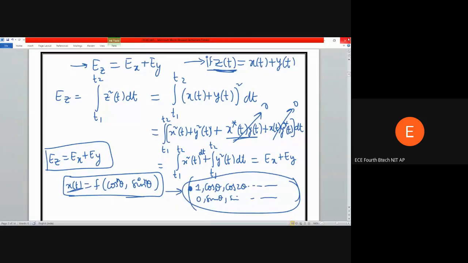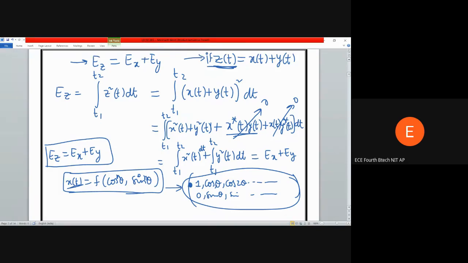The Pythagoras theorem says that for a right angle triangle, the square of the hypotenuse is equal to the sum of the squares of the individual sides, which is equivalent to mod z bar square equals mod x bar square plus mod y bar square.